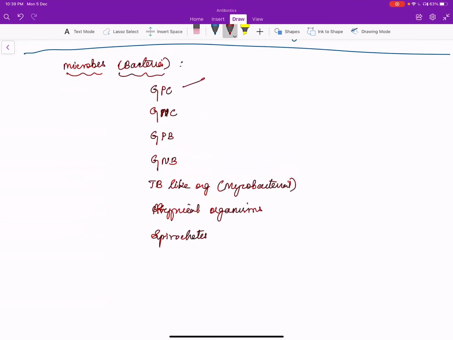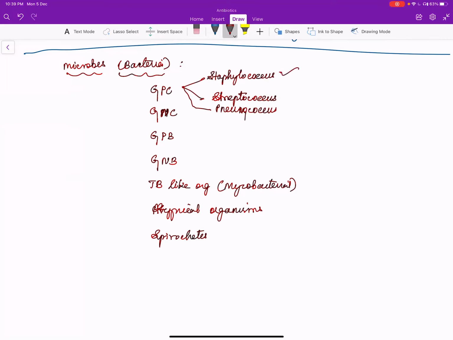You have already learned this in microbiology. Gram-positive cocci include the two main organisms, Staphylococcus and Streptococcus. Streptococcus pneumoniae is an organism which we call pneumococcus.